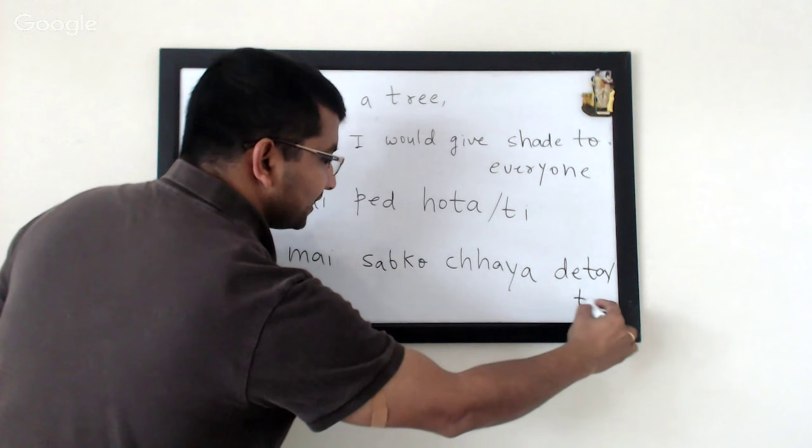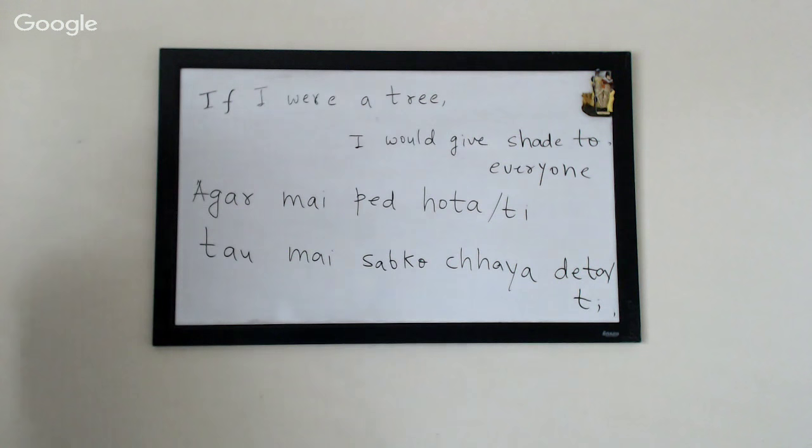For a girl it's होती. अगर मैं पेड़ होता तो मैं सबको छाया देता. Very good, right?